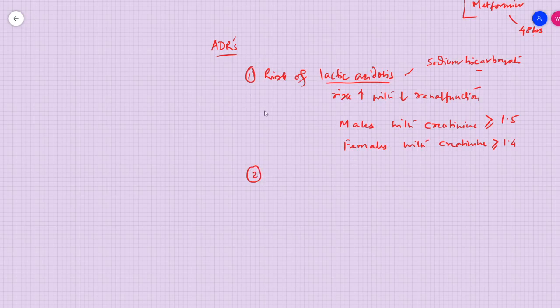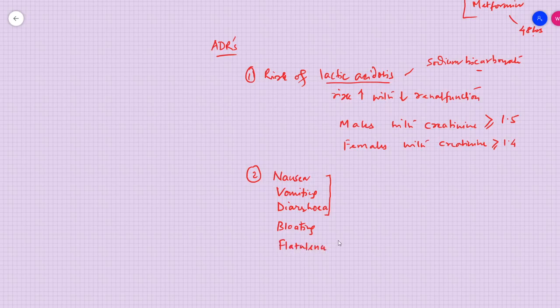And the other adverse reaction is it causes GI symptoms. Okay. So which are the most common GI symptoms? Nausea, vomiting, diarrhea. Okay. And patients might complain of bloating. Okay. And there can be flatulence.